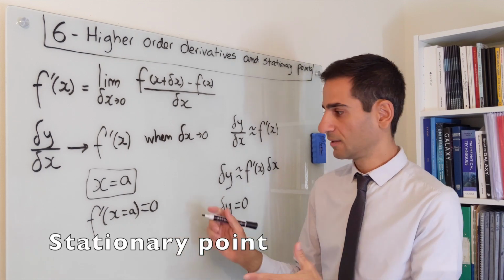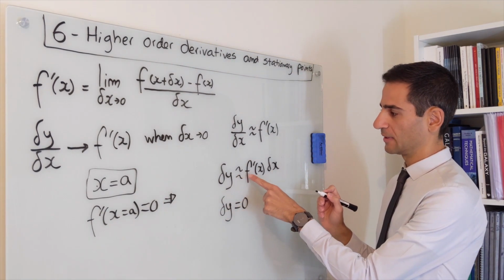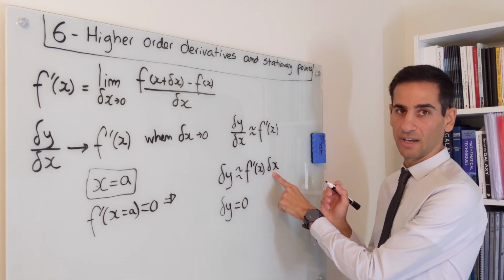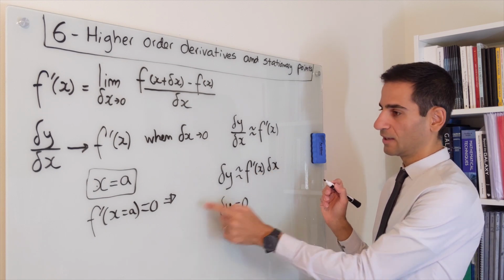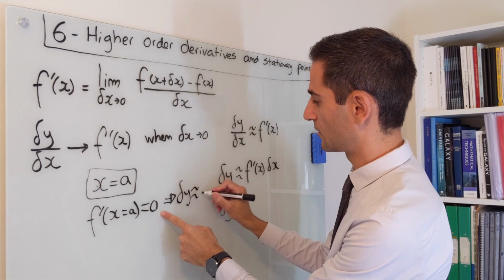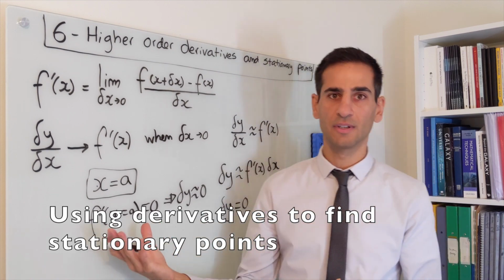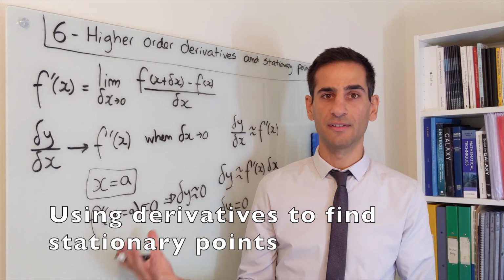This implies that because dy is approximately equal to the derivative times dx, and dx is a non-zero quantity, if the derivative is 0, then dy is approximately 0. And this is the reason why we can use derivatives to find stationary points.